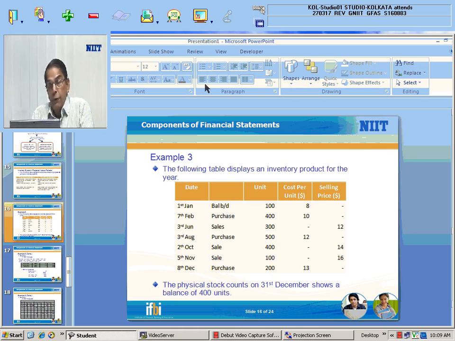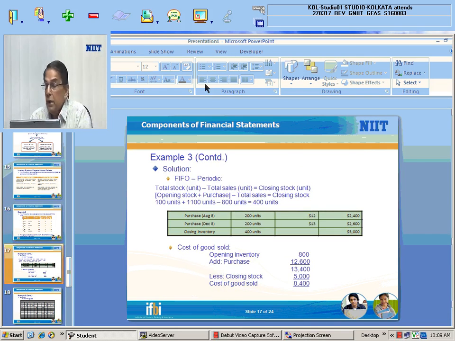Now, if you follow the FIFO method, first in, first out, and periodic, not a perpetual system but a periodic system, total stock minus total sales should be the closing stock. So opening stock was 100 units, purchase was 1100 units and sales were 800 units and closing stock is 400 units.